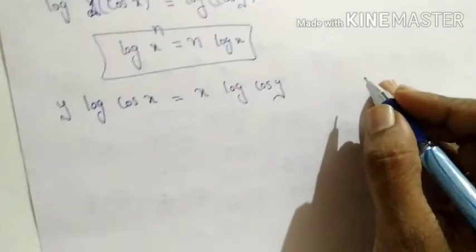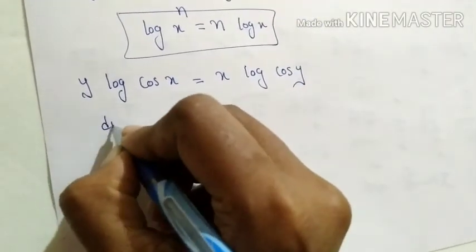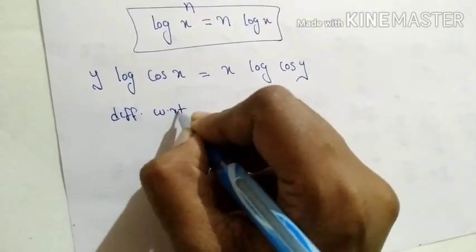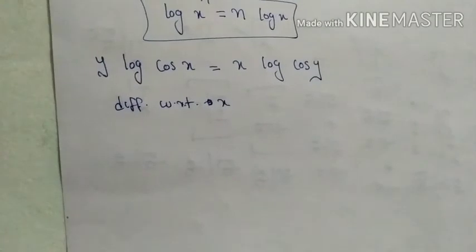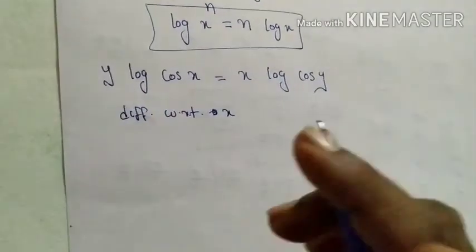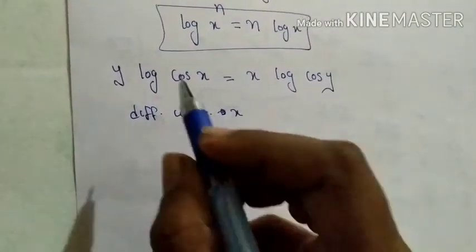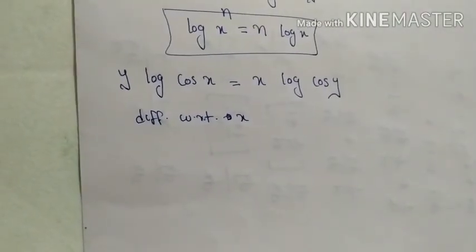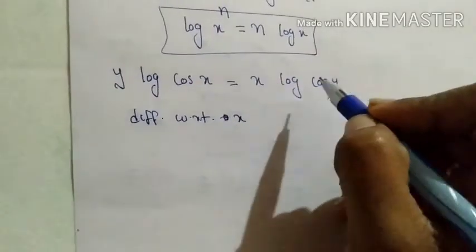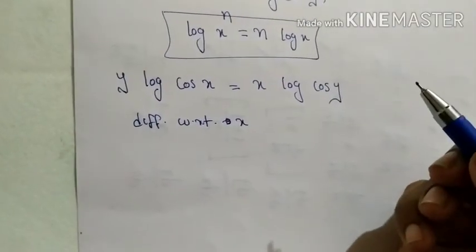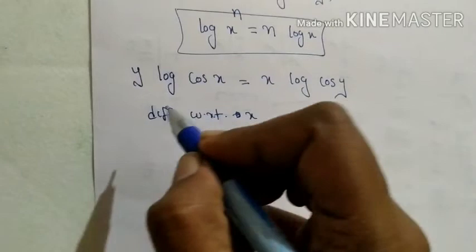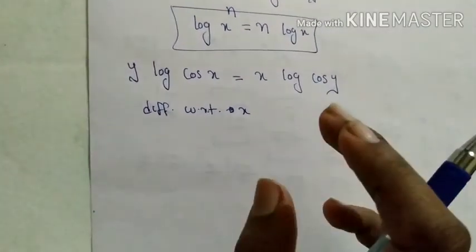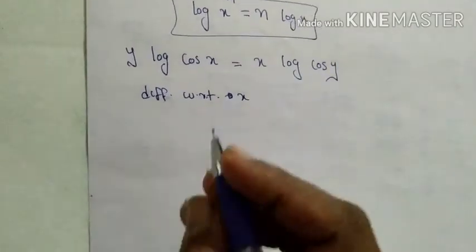Okay, differentiating with respect to x on both sides. I am going to use the product rule because y and log cos x are two different functions, and x and log cos y are another two different functions. So I am going to differentiate on both sides with respect to x. Here product rule is applied.